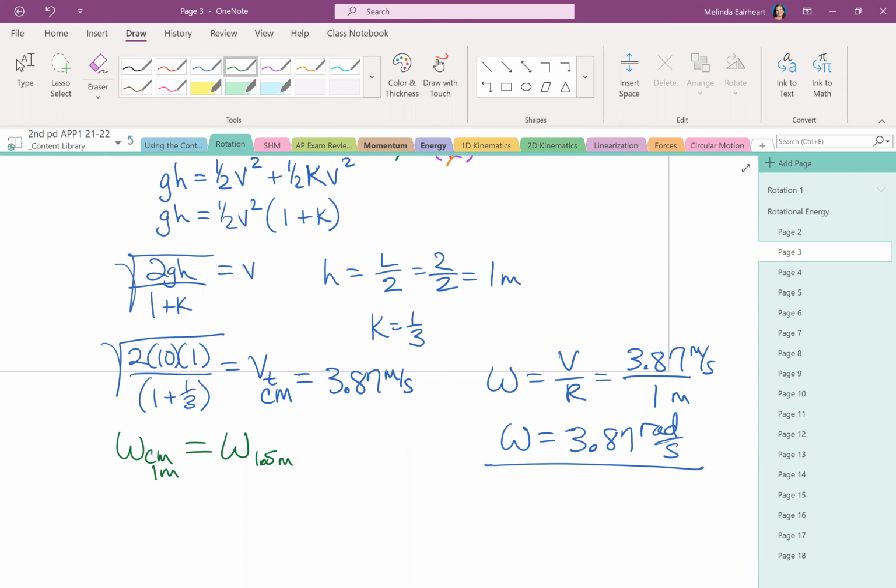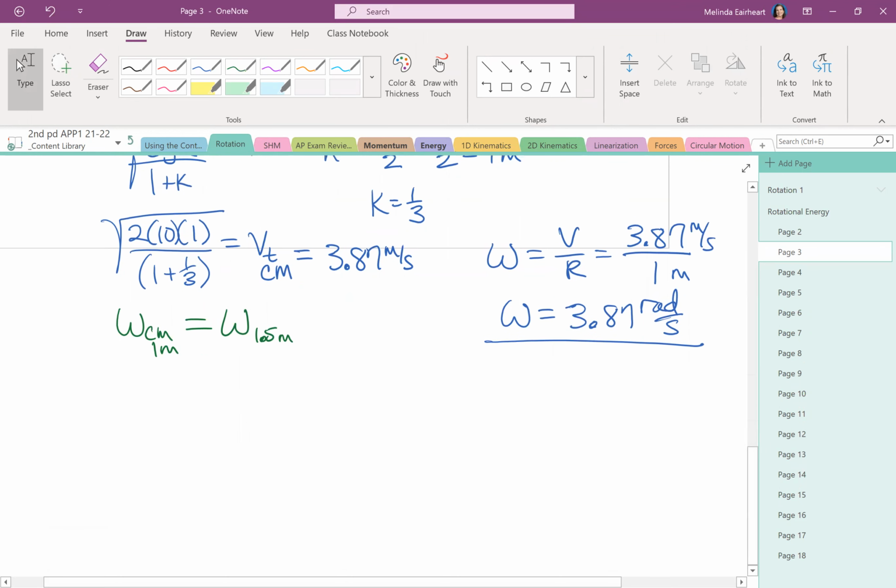So omega is the same, but they have different radii. They have different lever arms, distance from the axis of rotation. And so now that we know omega, so omega is 3.87, but V over R is now going to be 1.5. So it should be a greater tangent velocity.